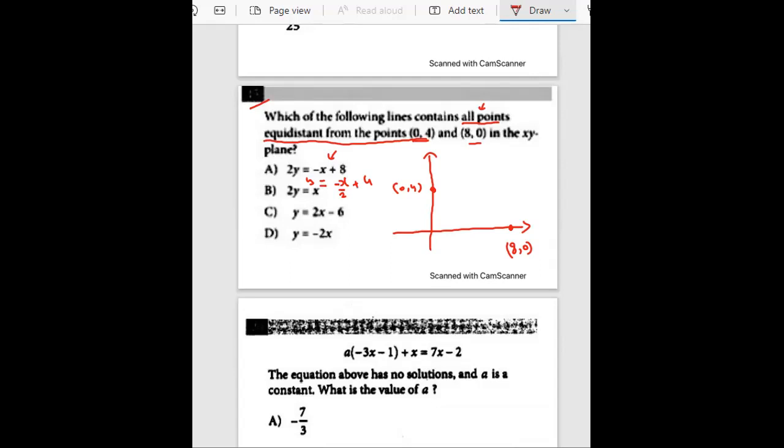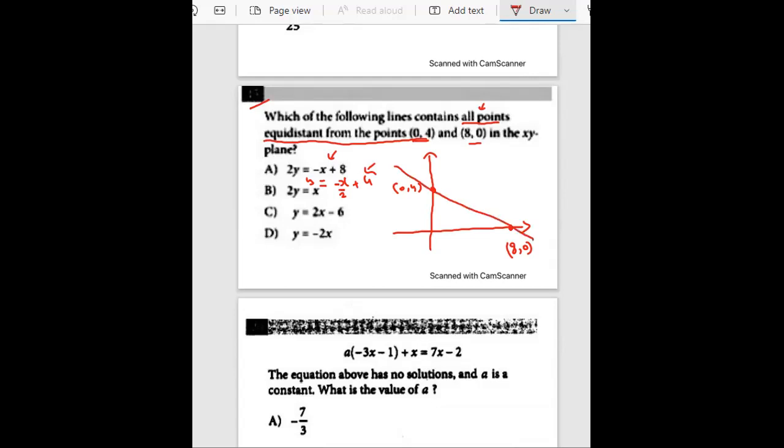This line would be passing through which points? That line is going to pass through the 2 points mentioned in the question. Exactly. So this would be this line, right?